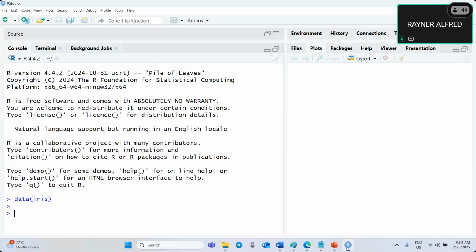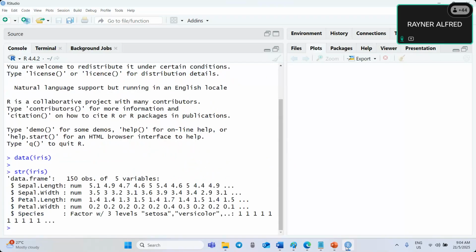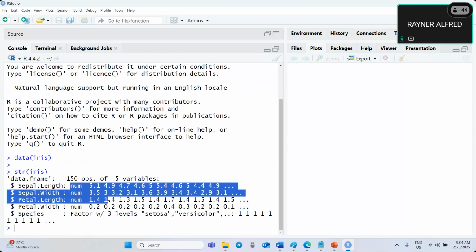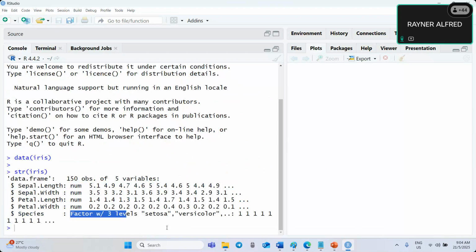So we are getting the data from this. If we look at the structure of our iris, we have 150 observations, 5 variables. We have 4 numerical values and also the class.